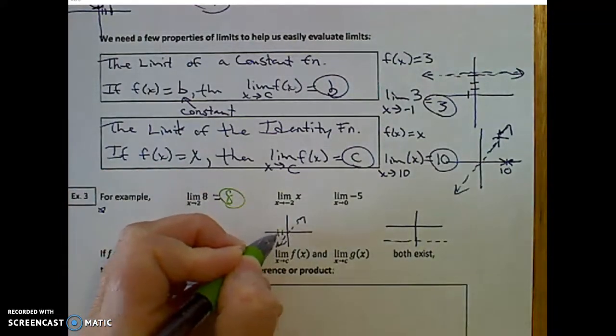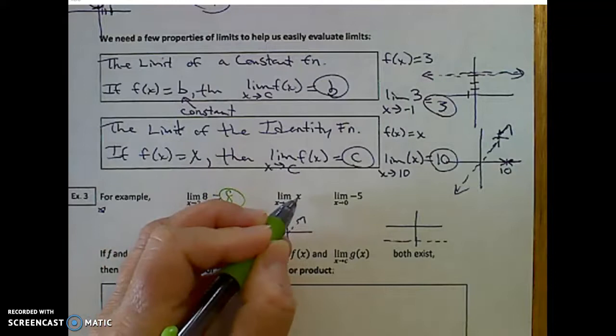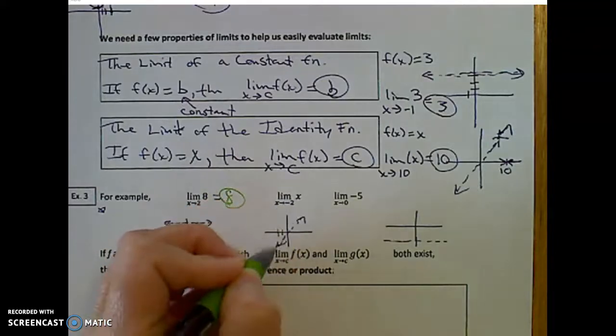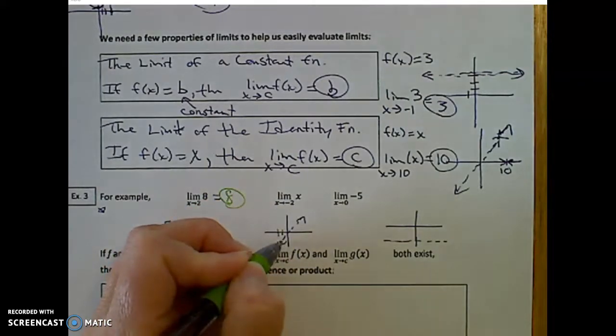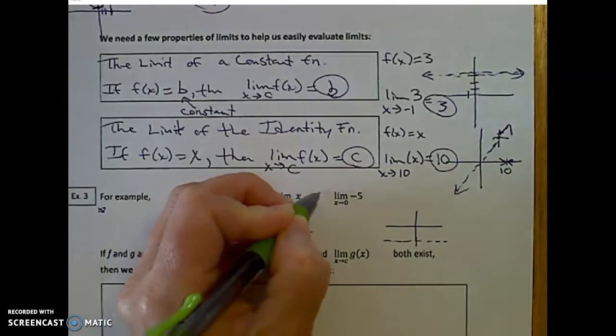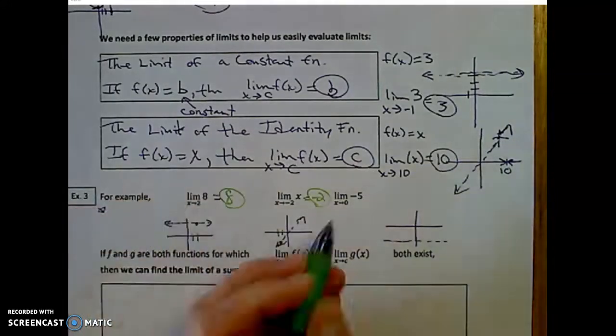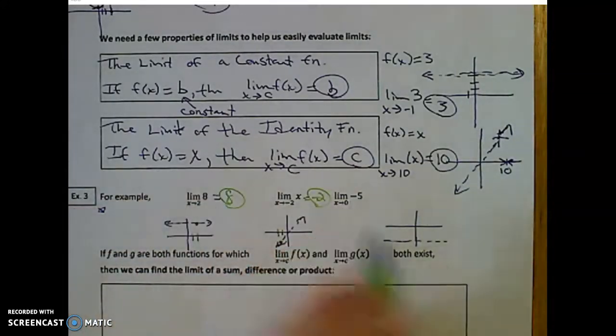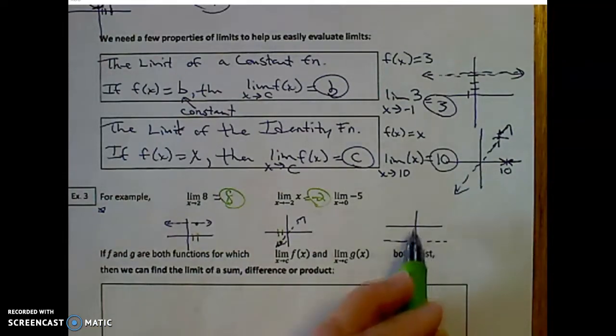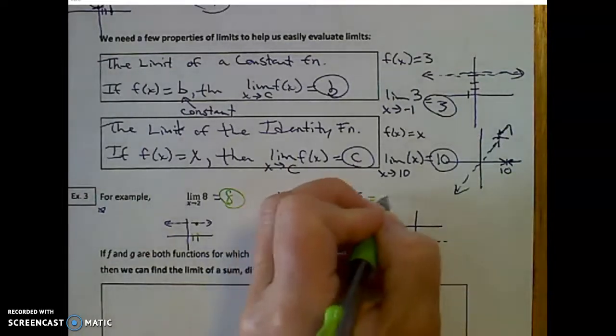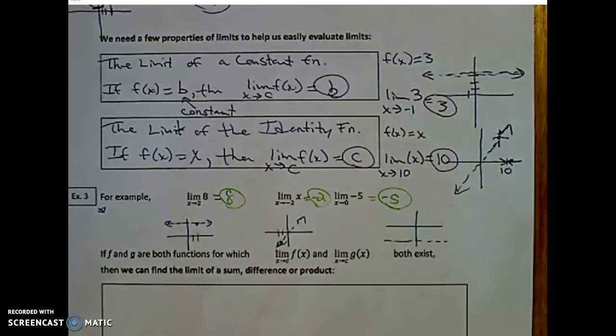As x values approach -2 on that identity function y equals x, my y values approach -2. Here's a constant function, y equals -5. As my x values approach 0, my y values approach -5.